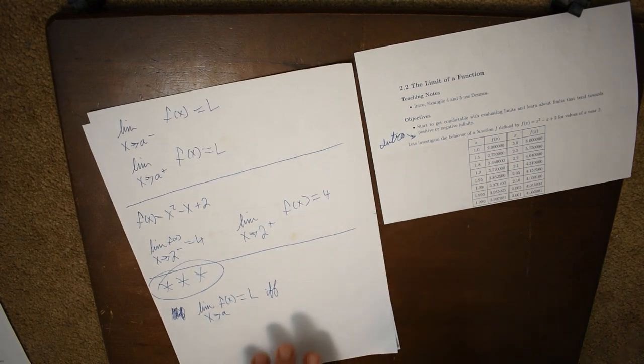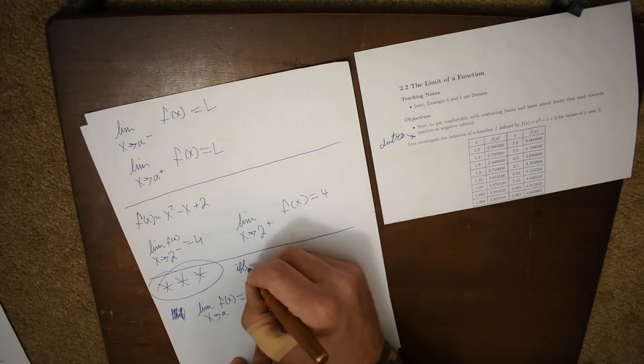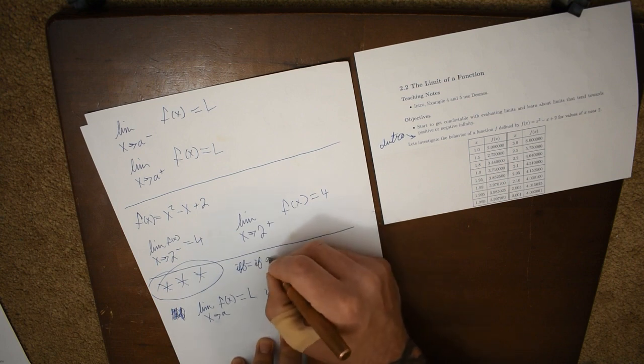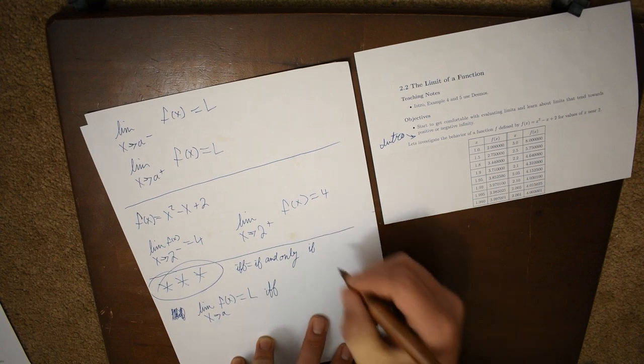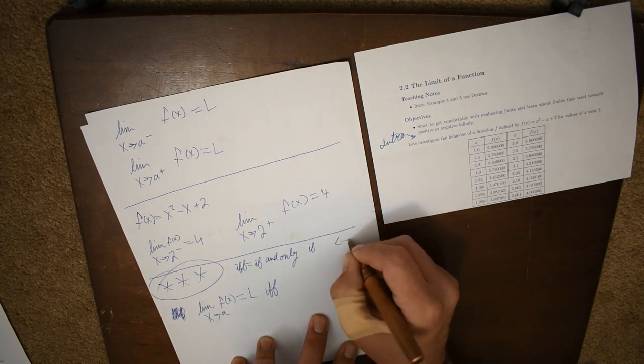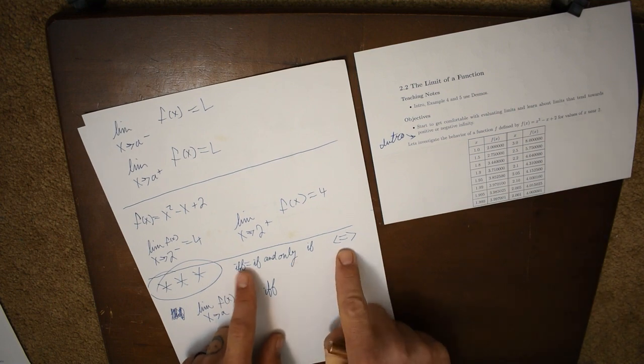Teachers will often write IFF, if and only if. You might also see an arrow going both directions. All three of these mean the same thing.